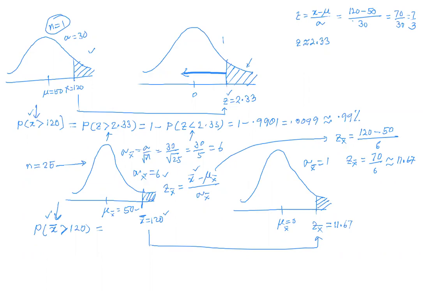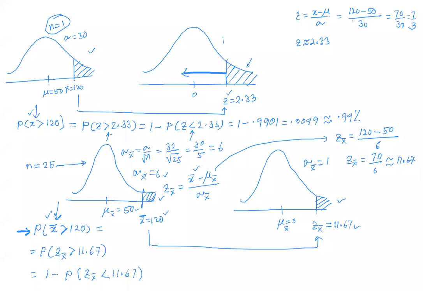So the probability of x bar greater than 120 is the same as the probability of z sub x bar greater than this value, 11.67. This area and this area are the same, which is the same as 1 minus the probability of z sub x bar less than 11.67. So now go ahead and find it from the table, everybody.